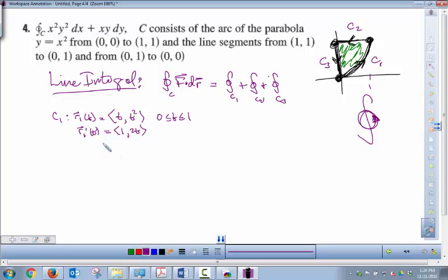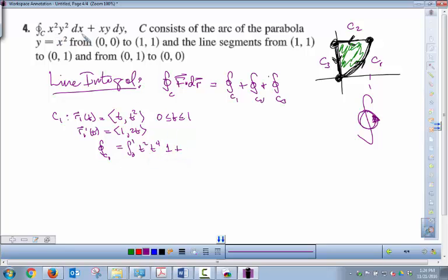And so if we take a look at our integral over C1, this is going to be the integral from 0 to 1. Now x is equal to t, y is equal to t squared, and dx is equal to 1.